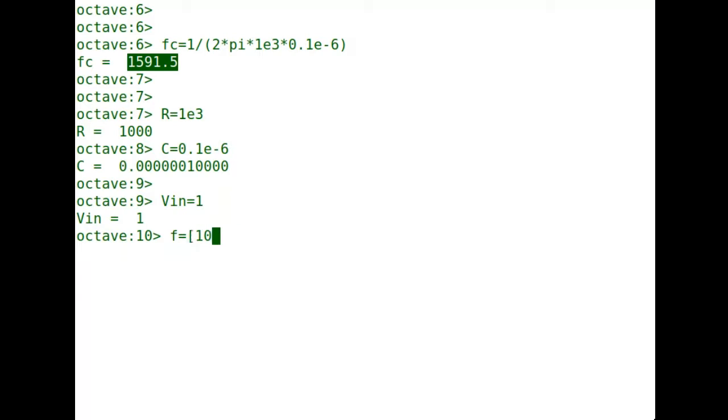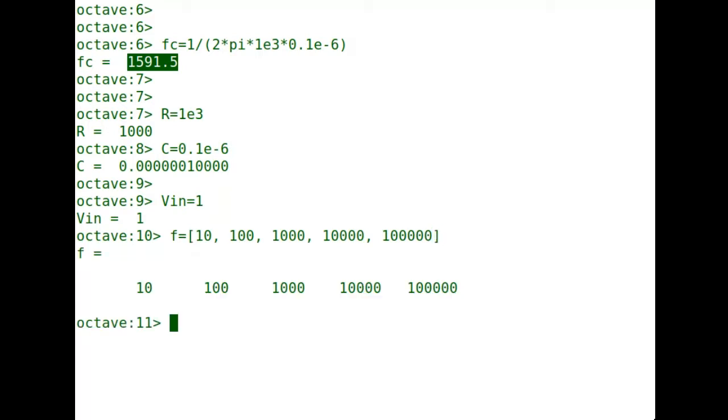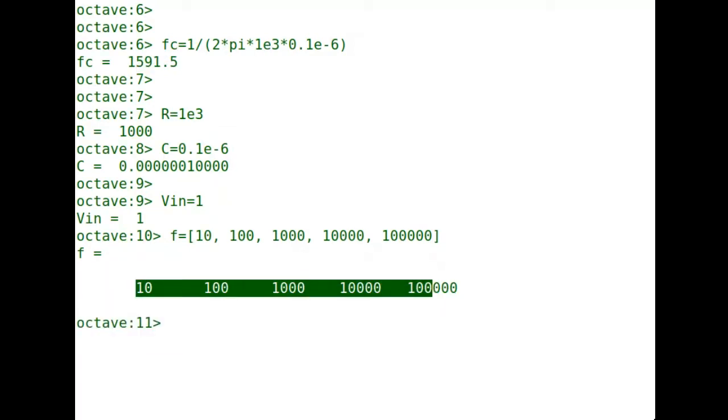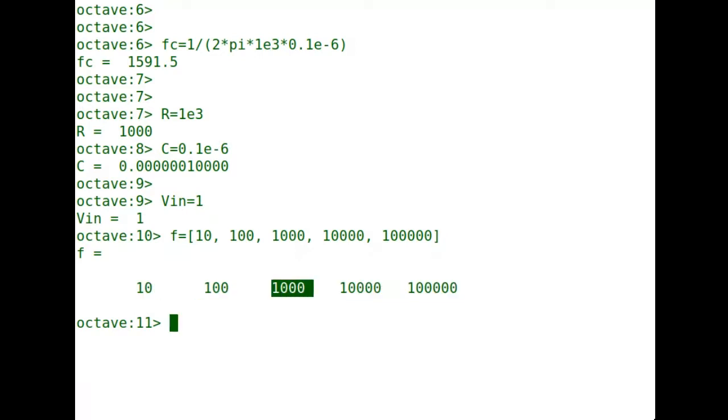Let me put this back like I had it for a minute so we can see these numbers: 10, 100, 1,000, 10,000, 100,000. This gives me a vector with 5 values.